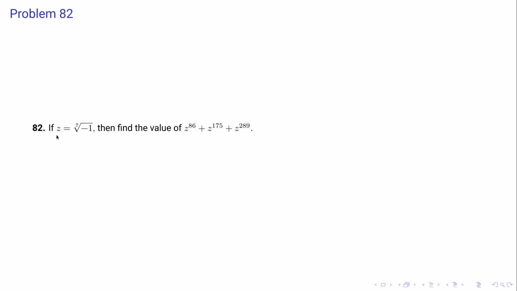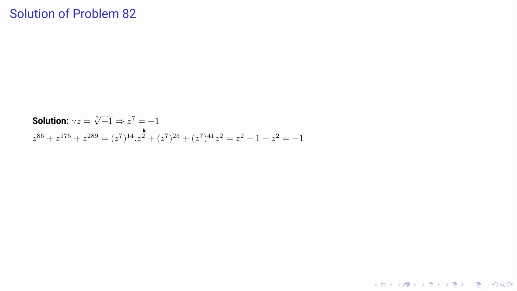Problem 82 says that if z is the 7th root of minus 1, then find the value of z to the power 86 plus z to the power 175 plus z to the power 289. Since z is the 7th root of minus 1, we can say that z to the power 7 is minus 1. Now we can write 86 as 84 plus 2, and 84 is 7 into 14.